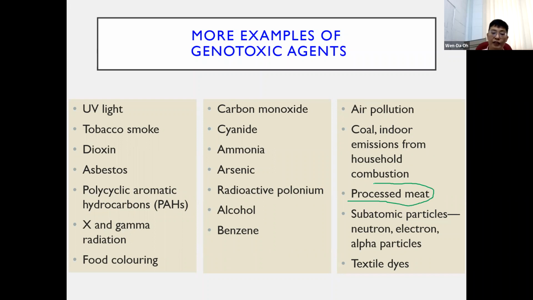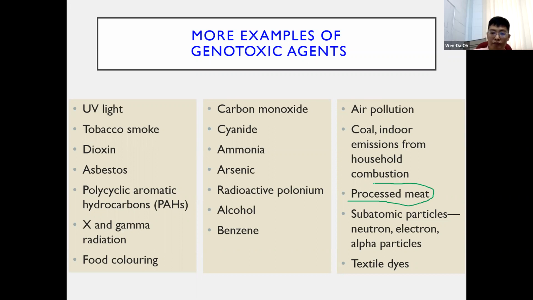They can affect our DNA, depending on how much you eat. That's why there's a saying that we shouldn't eat a lot of processed meat. This is the reason, because it is capable of inducing cancer, right? Although it's not 100% of people who eat processed meat will get cancer, there's a percentage.